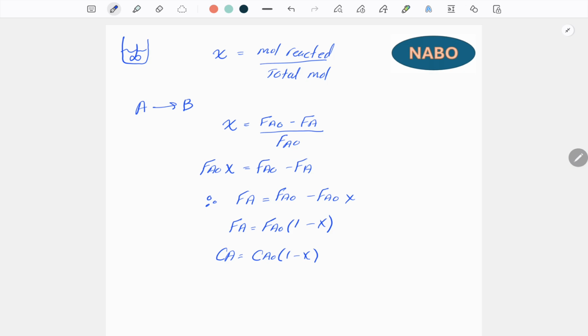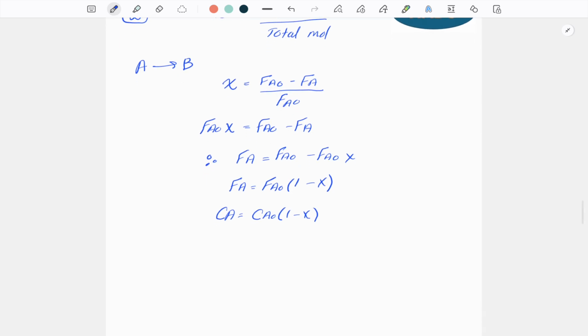Okay, so let's go ahead and see how the conversion is applied in a batch reactor. So we'll start with the mole balance, which we have done before in previous videos for a batch reactor, which is input minus output plus generation equals accumulation.